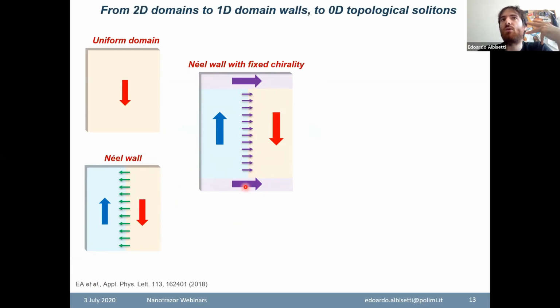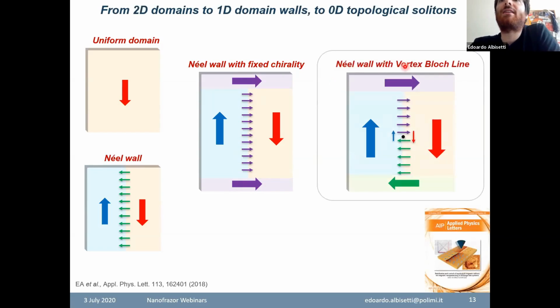So that's actually what we did: we exploited the boundary conditions at the two ends of the domain wall for fixing the magnetization within the domain wall. But then we can do exactly the same thing, but instead of writing both domains with the same magnetization direction, we can write, for example, the top domain towards the right and the bottom domain towards the left.